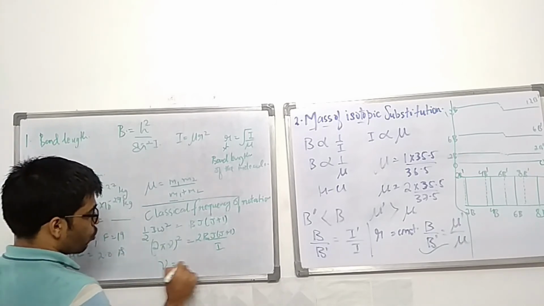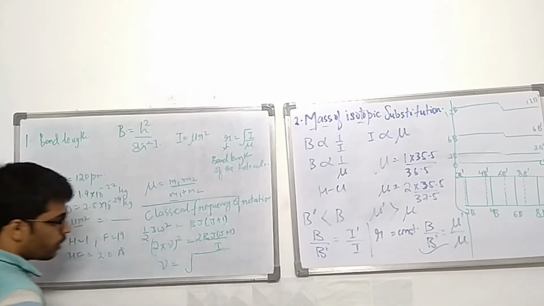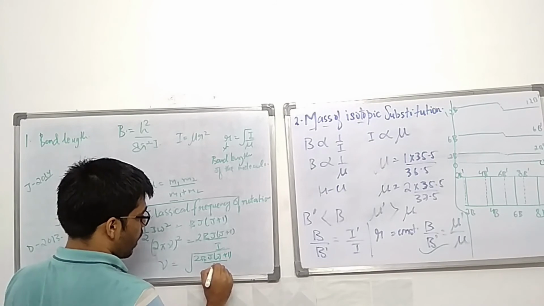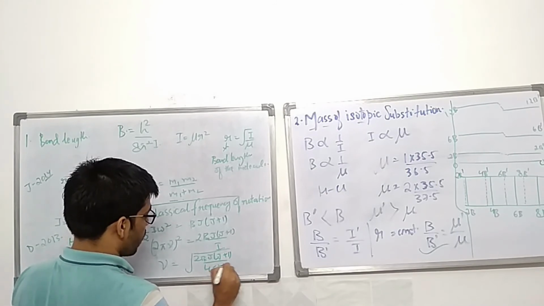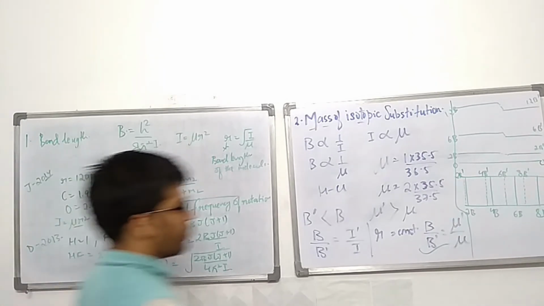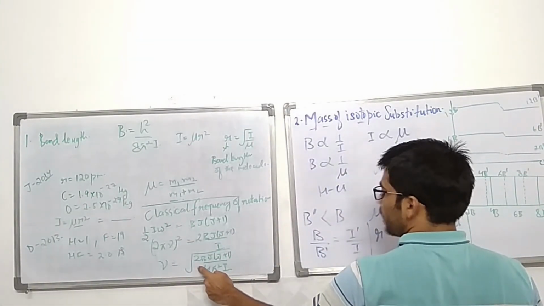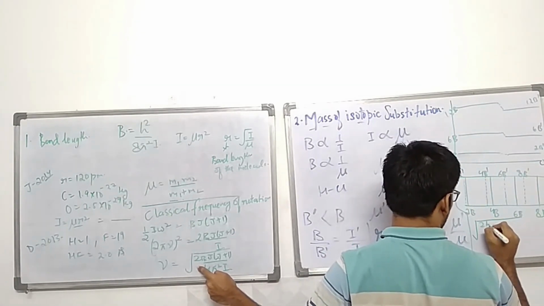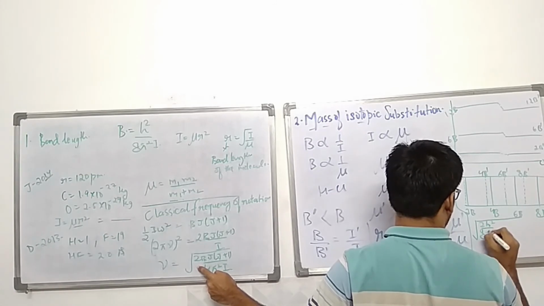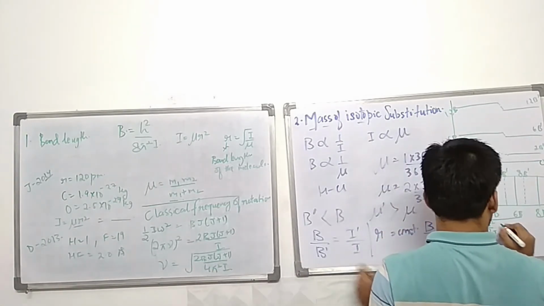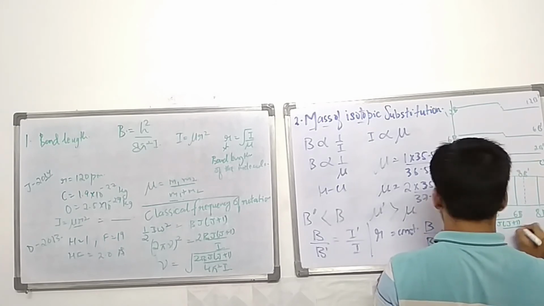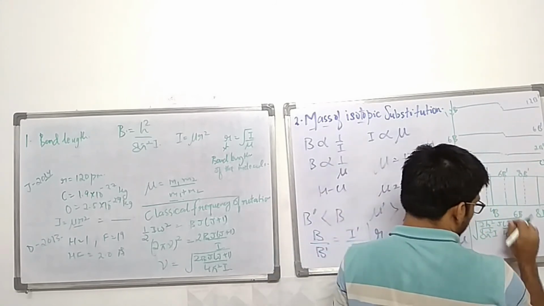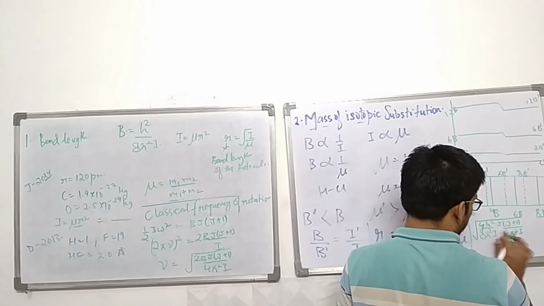Or I can write mu to be under root 2BJ(J plus 1) by 4 pi square I. Now I am putting the value of B here, so I would get under root 2 h square by 8 pi square I, J into J plus 1 by 4 pi square I. Now if I multiply 2 in the denominator and numerator, this becomes 4, this becomes 8.